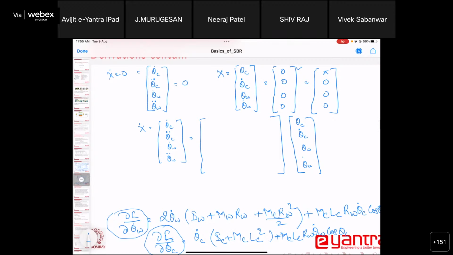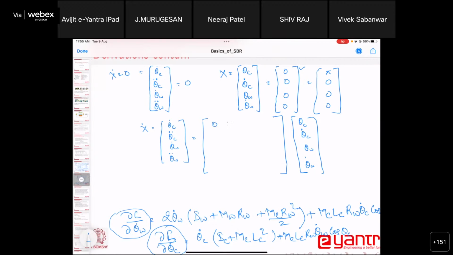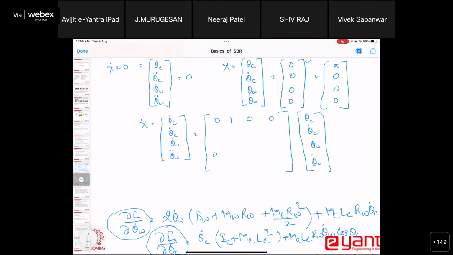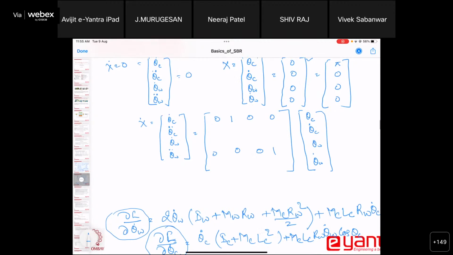Correct. Now theta c dot equals 0, 1, 0, 0. This is very straightforward. Theta c dot equals theta c dot. Similarly, theta w dot equals theta w dot.